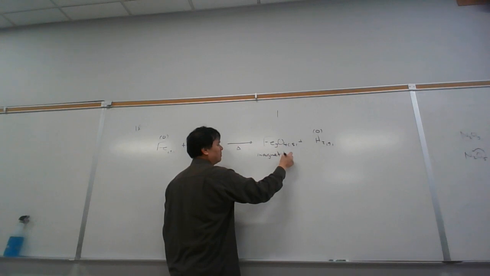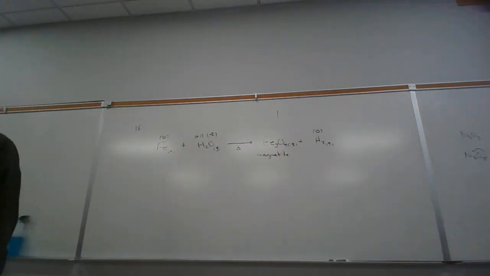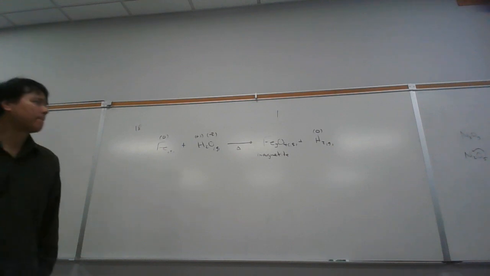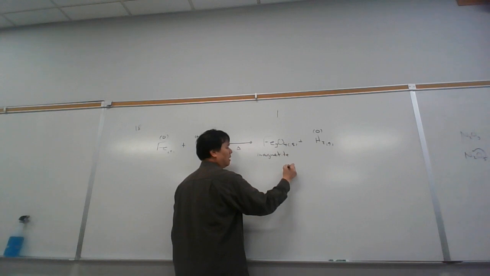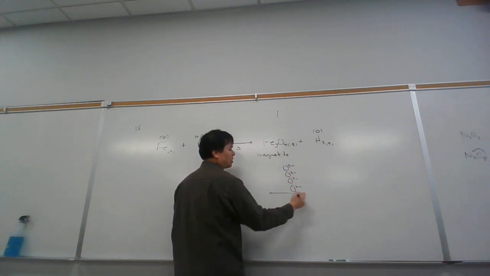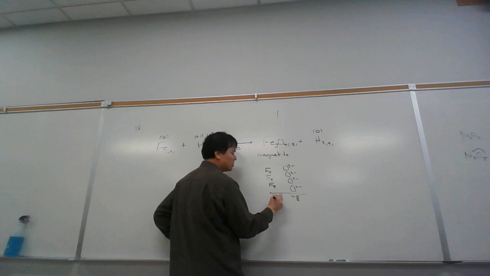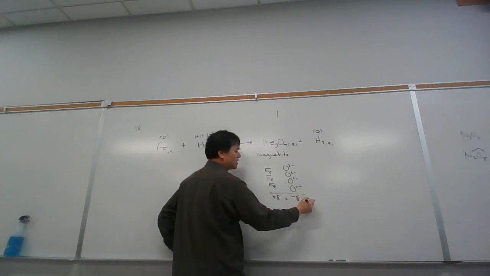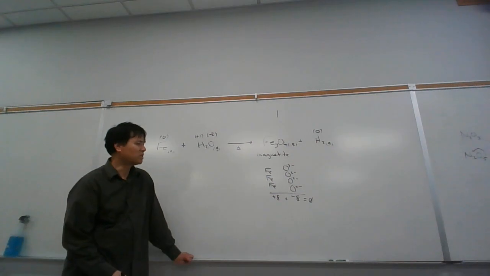And what's special about magnetite? Do you know the charges on iron in magnetite? If we look at magnetite, we have 4 oxides, let's say. That's going to give us a net charge of -8. And then we have 3 irons. These 3 irons have to have a net charge of +8, because +8 -8 gives us the net charge of the compound, which is 0.